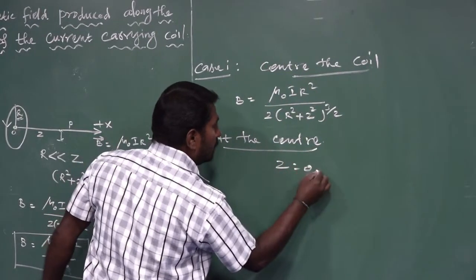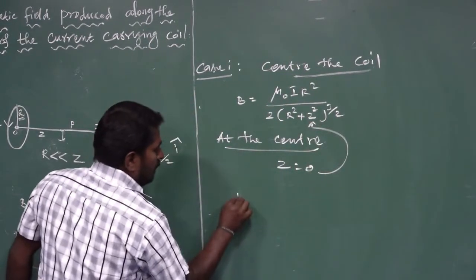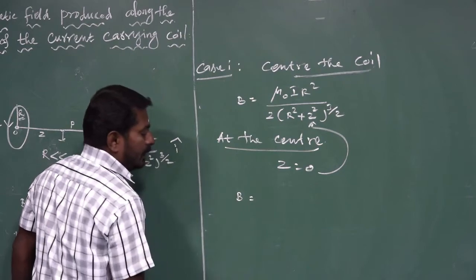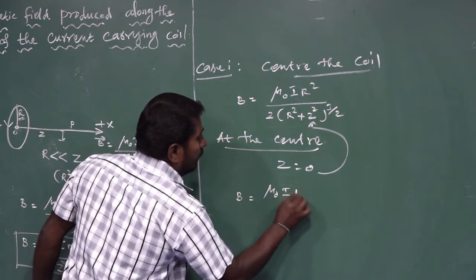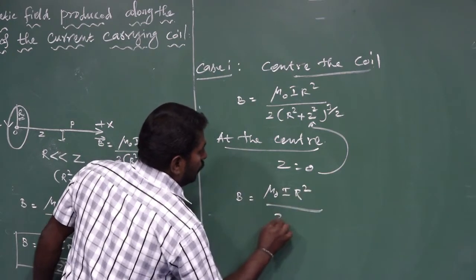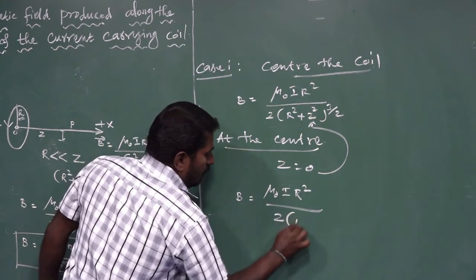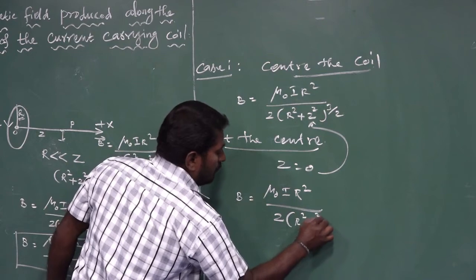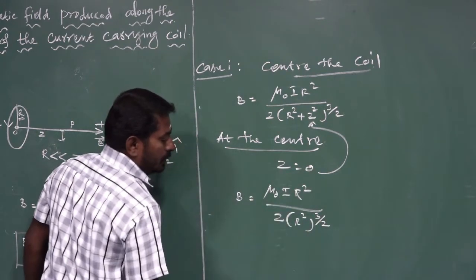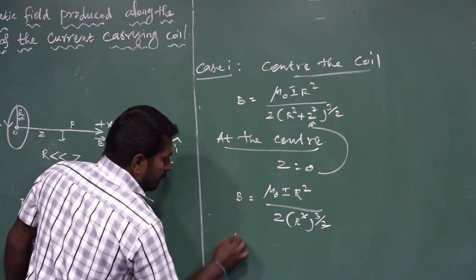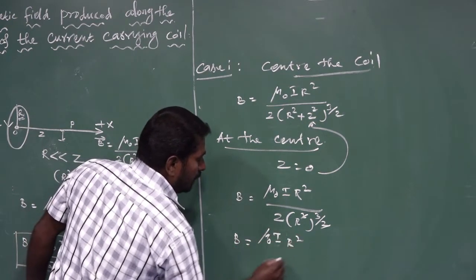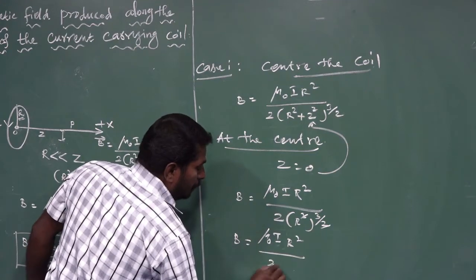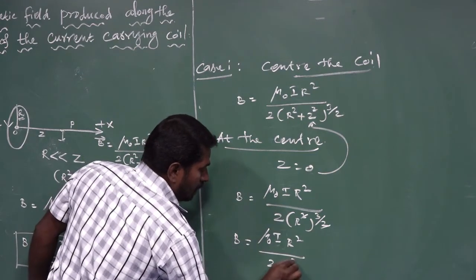We substitute here: the magnitude of magnetic induction at the center of the circular coil carrying current is mu naught I r square divided by 2 r square whole power 3 by 2, because z is equal to 0. The 2 gets cancelled. B is equal to mu naught I r square divided by 2 r cube.